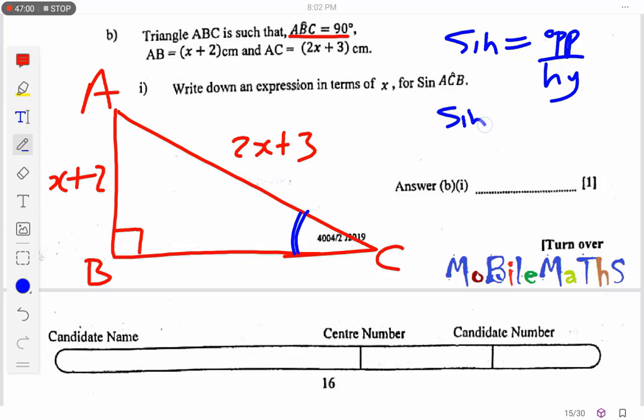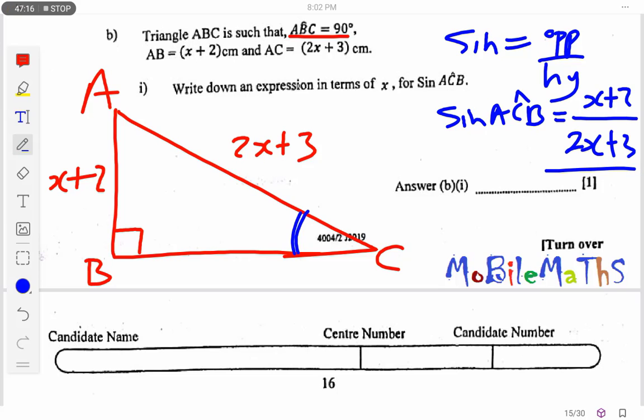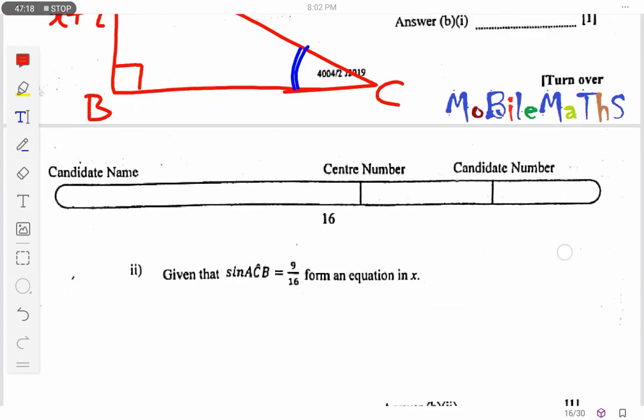So our sine ACB is equal to opposite, that's x plus 2. This is our opposite there, over our hypotenuse 2x plus 3 there. So this is the expression there. Okay, let's move on to the next one.